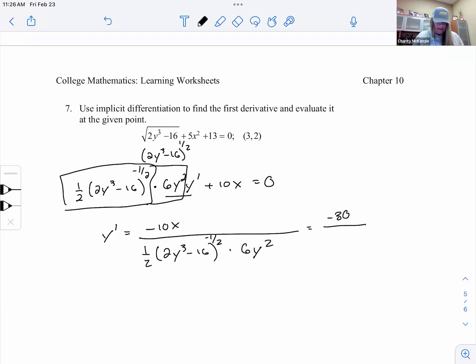Oh, that's ugly. Where did I have an error? Times by 6, times, it doesn't like how I typed it in. I'm not sure why. I'm going to delete part of mine off.